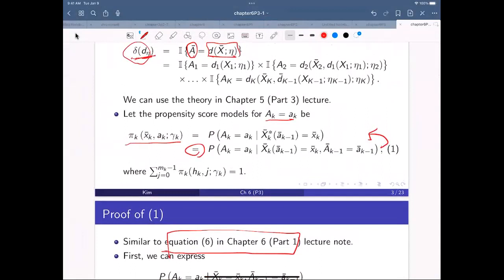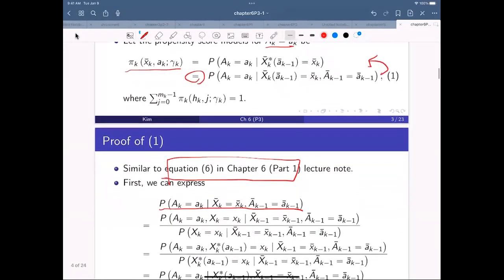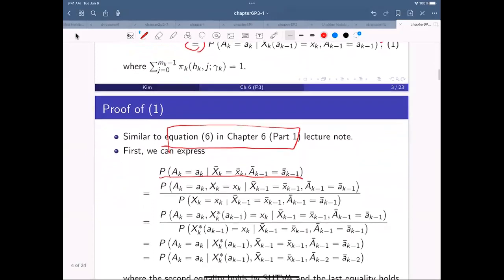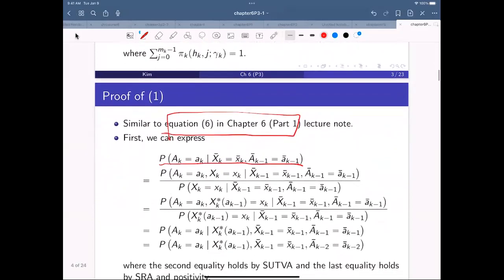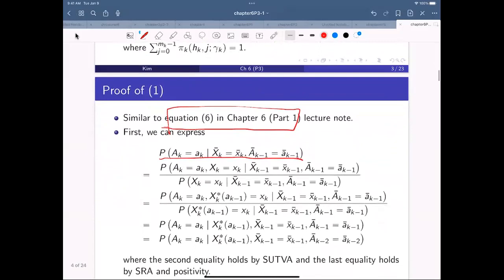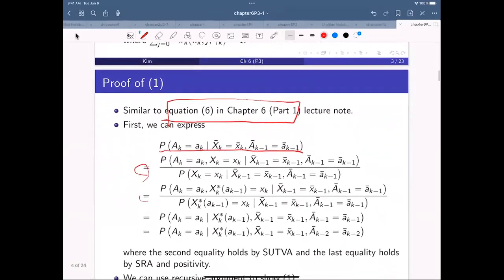So this given part is the same as before, but this is now about the probability of A. And then the structure of the proof should be the same. The structure of the proof is essentially using Bayes' theorem and then applying the SUTVA.